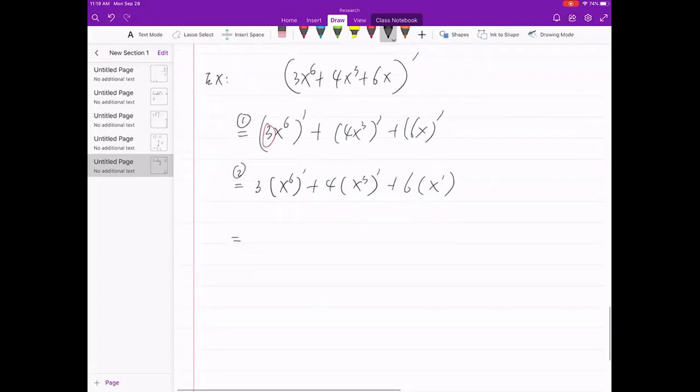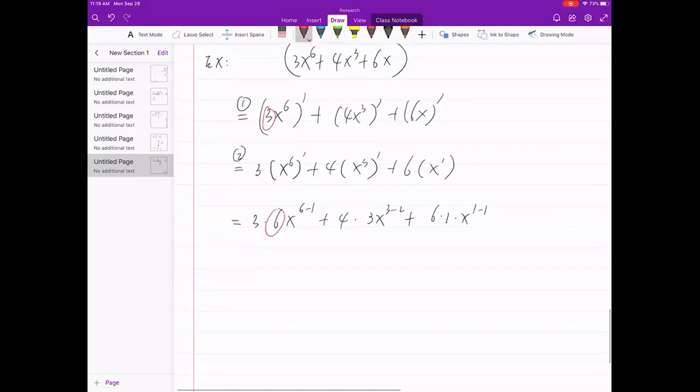Then together, this thing should be clean now. Use the formula. The thing I circled is the n in this formula, x to the n prime equals n x to the n minus 1.